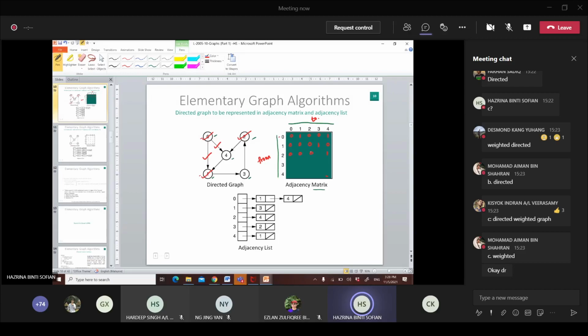The rest 0. 3 can go to 2. And 4 can only go to 1. The rest we put 0. So we have completed our matrix. Simple, yeah?